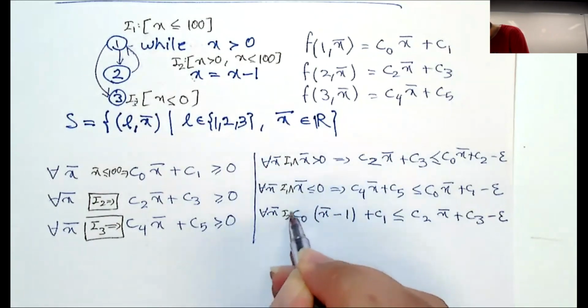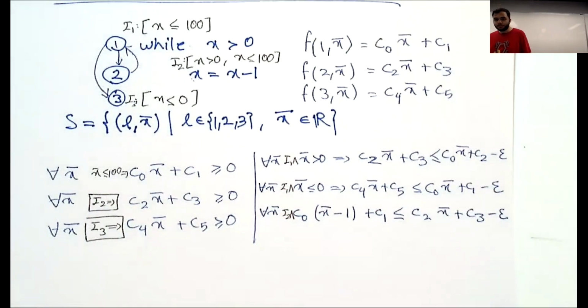And here I can say if I2 holds and this holds then. Okay. So now do we have an answer? Can we find C0 to C5 and also some epsilon such that all these constraints hold?